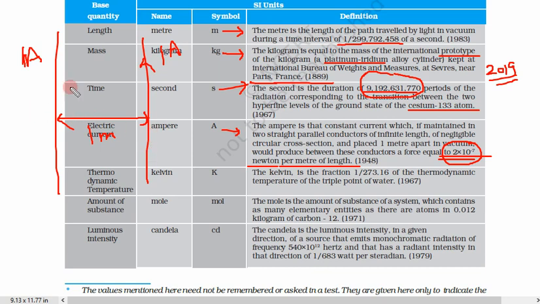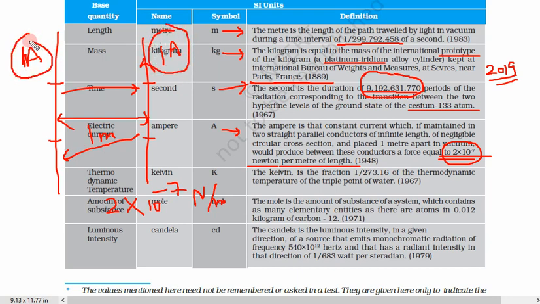So this wire will put a force 2 into 10 to power minus 7 Newton per meter of length. This is only for 1 meter of length. Per meter force on this wire, and this wire puts the same force on this wire. So then we exactly know current is flowing 1 ampere.